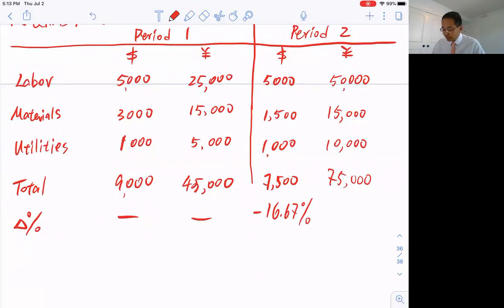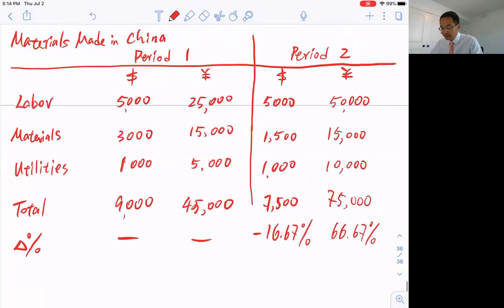And for the Chinese yuan equivalent, we increased from 45,000 to 75,000, so that is a 66.67% increase in Chinese yuan cost.